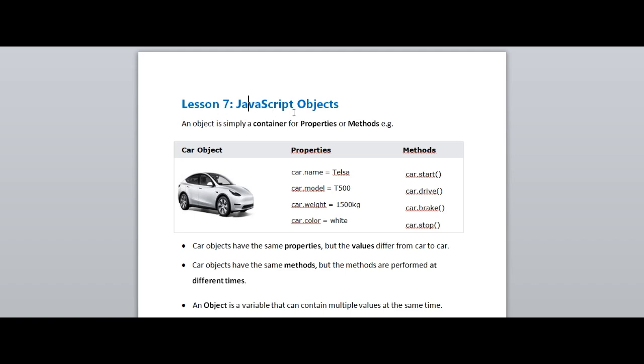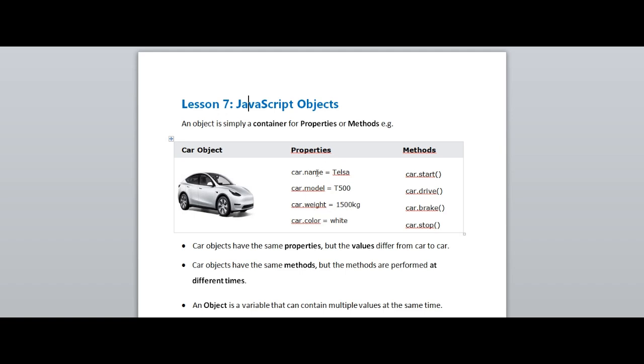So we are on lesson 7, JavaScript objects. What's an object in JavaScript? An object is simply a container for properties or methods. What does that mean? Let's take this car as an object. Under its properties, we have car name Tesla, car model T500, we're just using assumptions, car weight 1,500 kilograms, car color white.